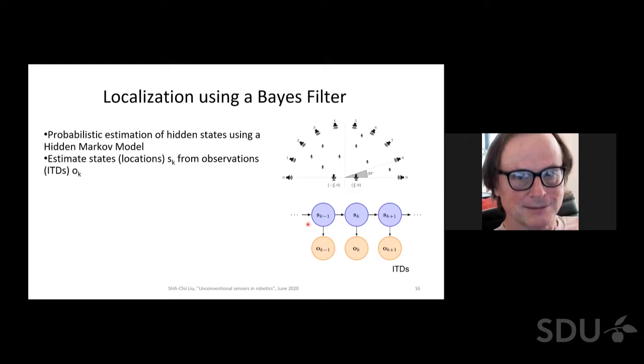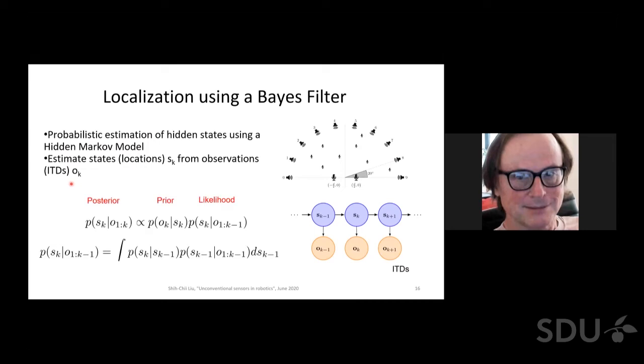And so here you see the states of the HMM and also the observations. In this case, it's the ITDs. And so we do a probabilistic estimation of the hidden states using the hidden Markov model, and we estimate the states, which are the locations of the speaker, from the observations, which are the ITDs.